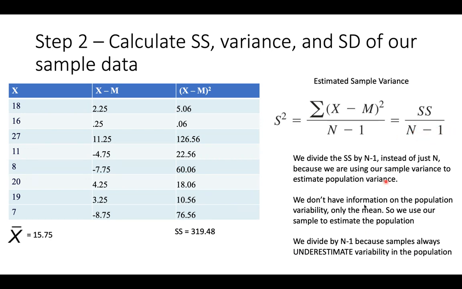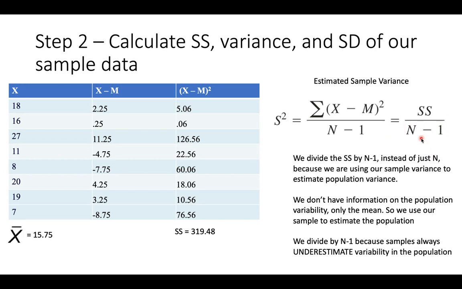Now, if you don't really care that much about all that theory, just memorize it, and don't forget that on your exams, I'll be giving you these formulas, and so you just have to follow them. You should try and understand what's going on here with n minus 1.